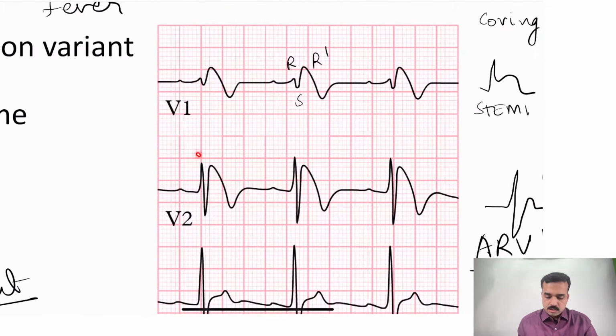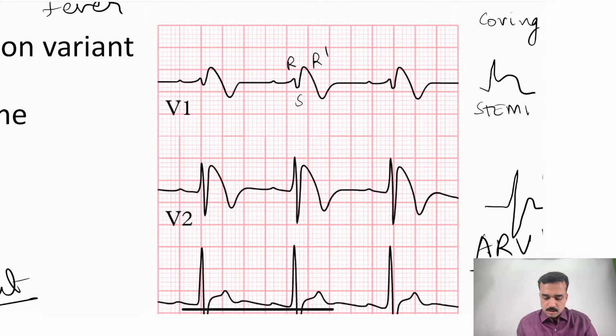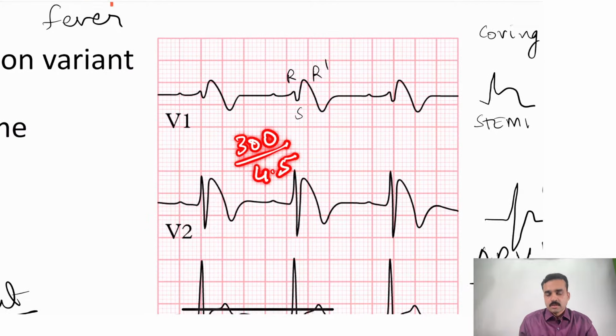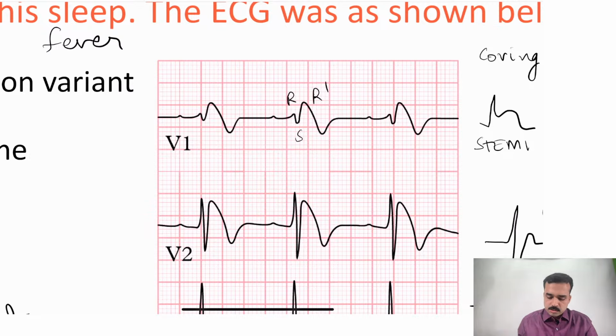If these are the two successive QRS complexes, I count the number of large boxes: 1, 2, 3 and 4, maybe 4.5. So if I divide 300 by 4.5, it will come somewhere between 60 and 75, because 300 divided by 5 would have been 60 and 300 divided by 4 is 75.